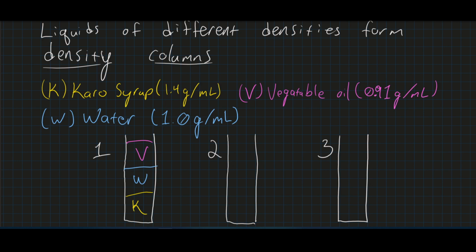In the second one we have vegetable oil, then Karo syrup, followed by water, and in the last one we have water followed by vegetable oil, followed by Karo syrup. Now, which one of these do you think would be correct? Take a minute to think about it before I give you insight on how to solve this.